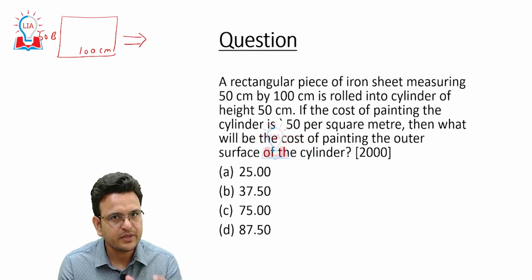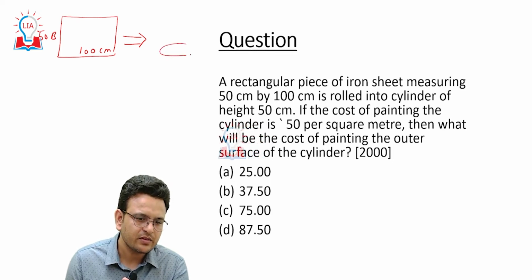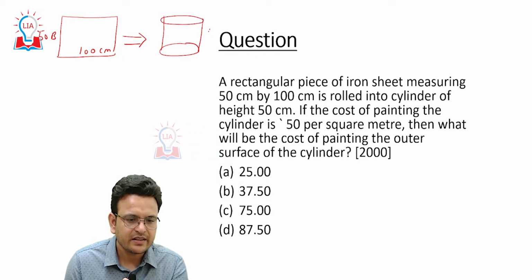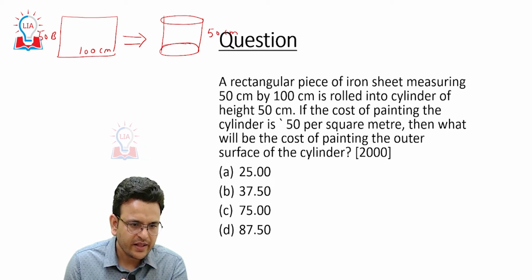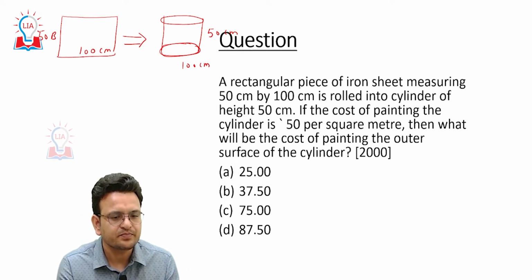When this rectangular sheet is converted into a cylinder, the height of the cylinder is 50 centimeter and the circumference of this cylinder will be 100 centimeter. Hope you are able to understand.